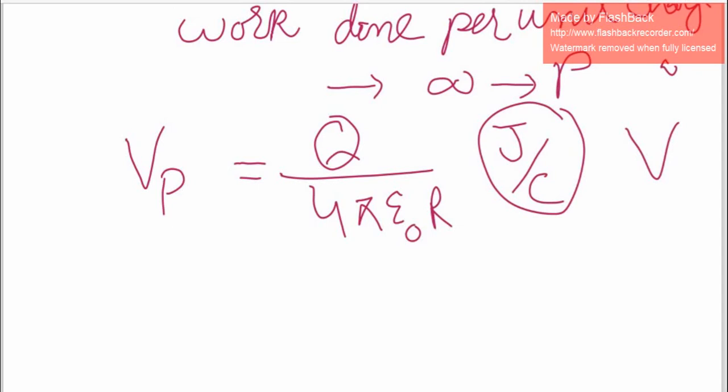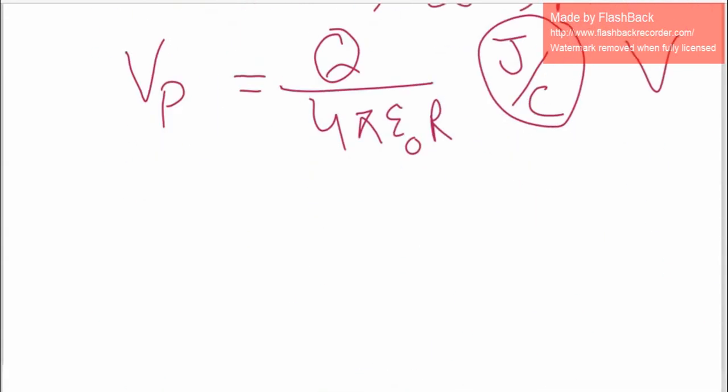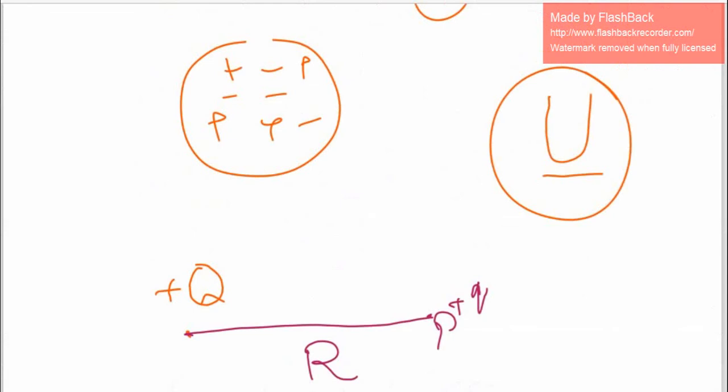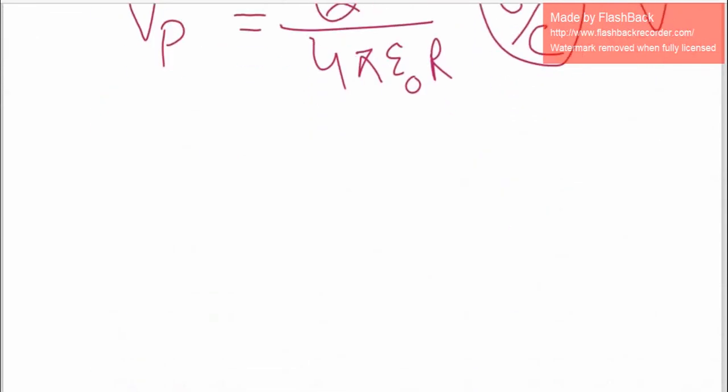So if we have a very simple situation like we have here, that we have only one charge q, and the other is the test charge, then this Vp is the potential at any distance from that charge.